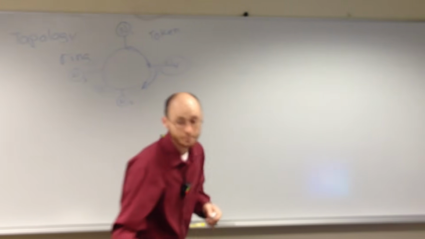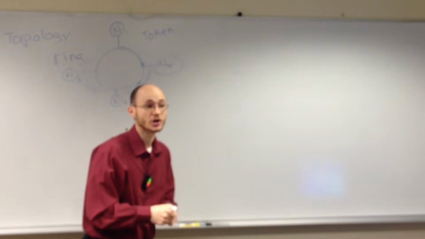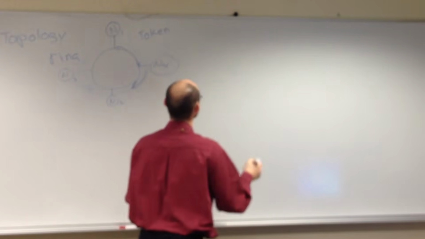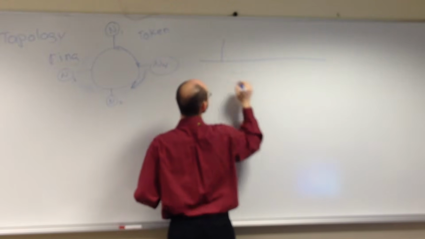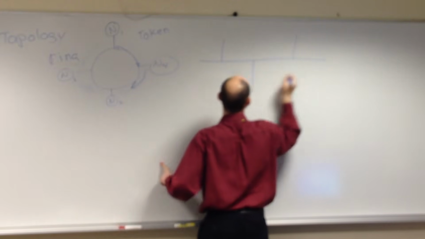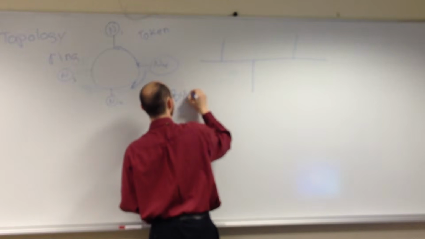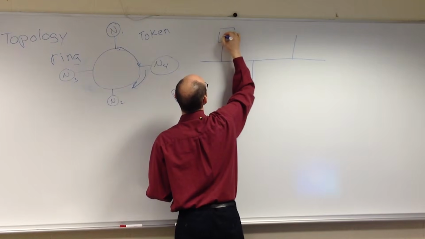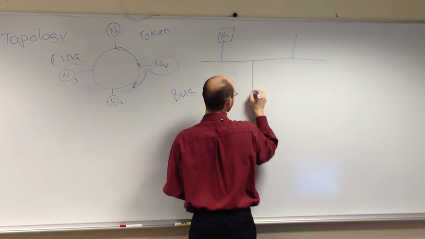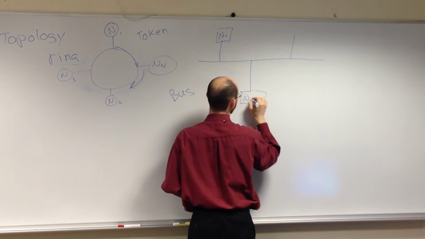We'll call this a bus. In certain network terminology, it's called a multi-access topology. I like multi-access topology. It's a lot better than calling it a bus, but nevertheless, it's still the same thing in general.